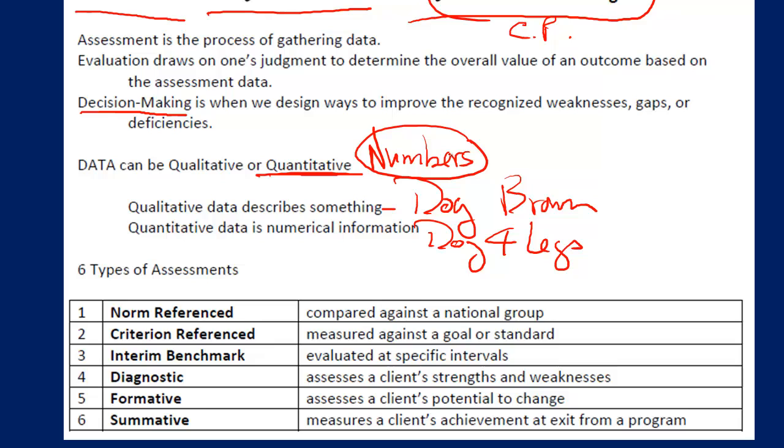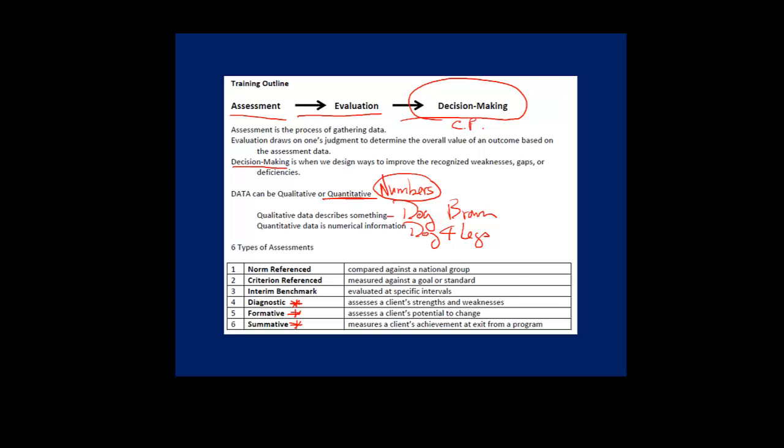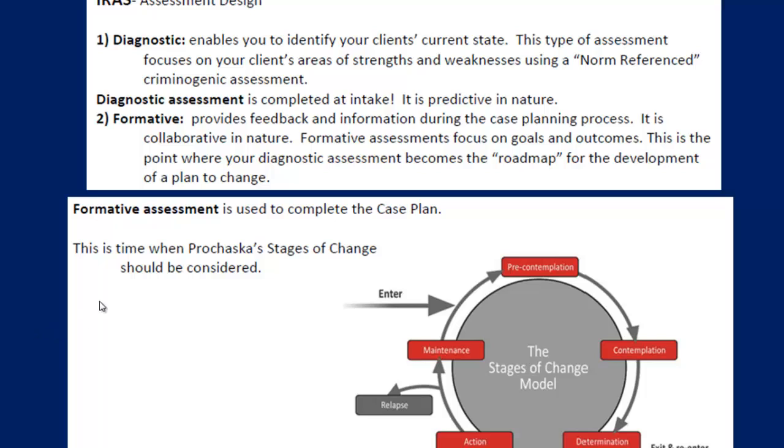Now, there's at least 6 types of assessments, but the ones we focus on are the diagnostic, the formative, and the summative. Now, I want to show you how these are actually used when we're doing the IRAS. In an IRAS, the first thing we do is we diagnose the client's current state.